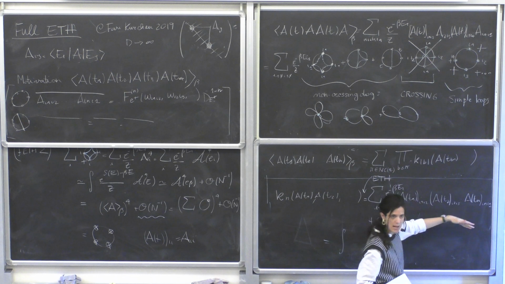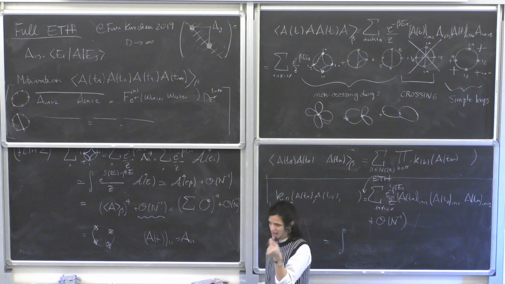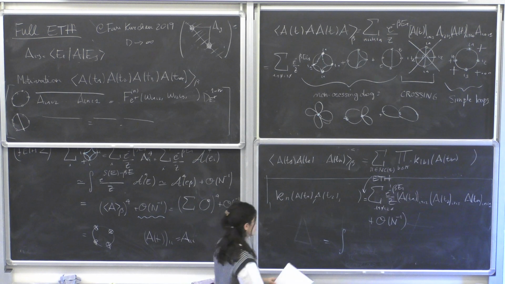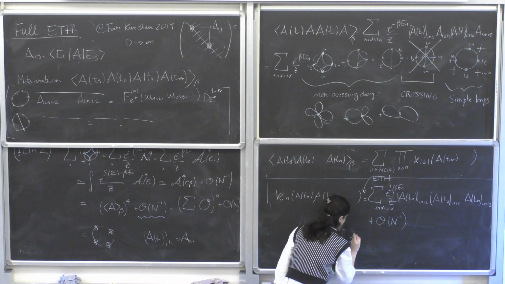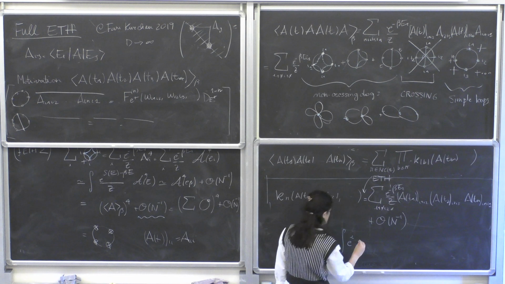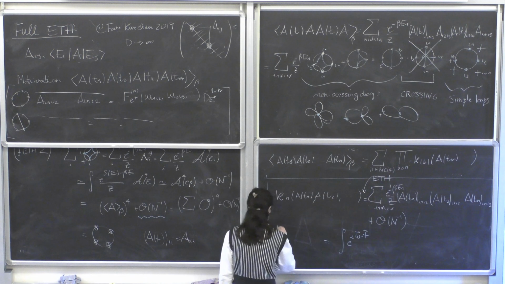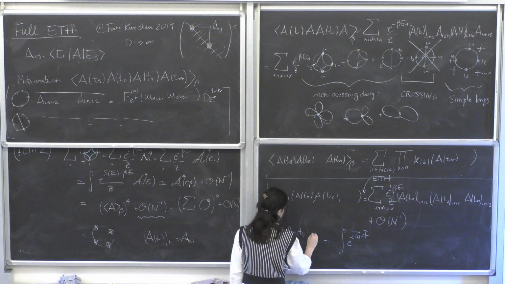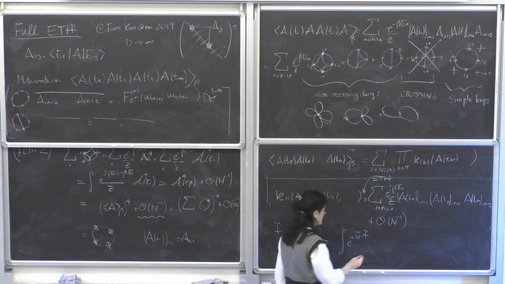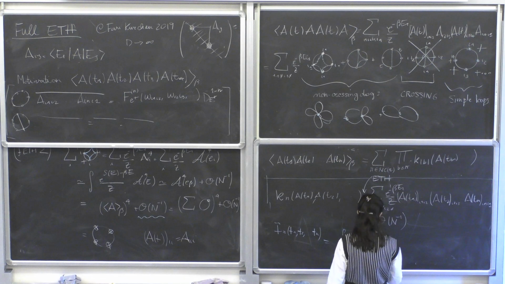You pass from sums to integrals, and then you change variables into the average energy and the energy differences, and then you do the saddle point. This becomes e to the i, so it becomes the Fourier transform. So here t is equal to t1, t2, tn. This becomes immediately the Fourier transform of precisely the smooth function of ETH.